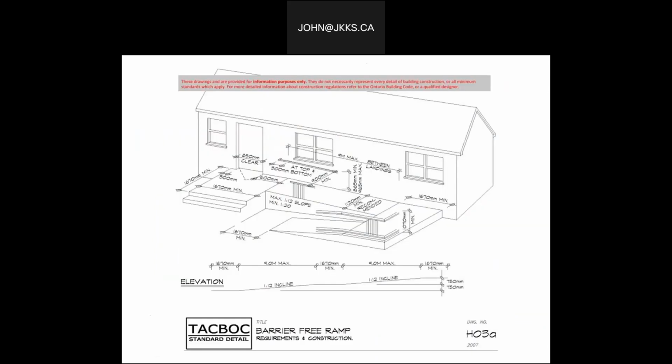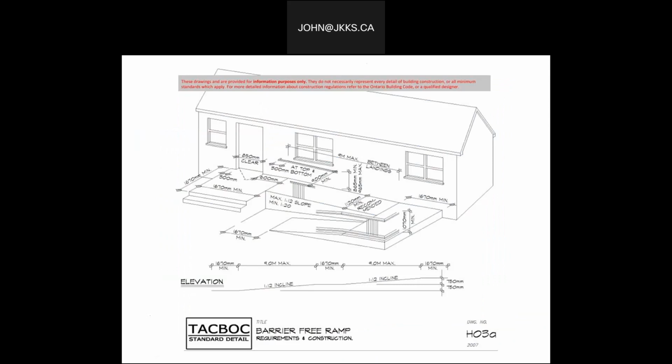Now, if we take a look at the Ontario Building Code, this detail comes out of the Ontario Building Code, and it's by a Toronto area building code official. We can see some of these things that I talked about earlier pretty much depicted in the Ontario Provincial Building Code.